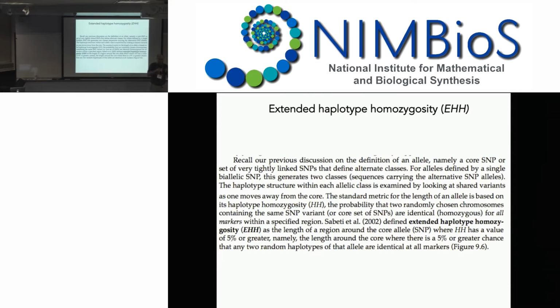I have a set of haplotypes, and I simply expand out, and I'll see how far along I have to go before they start disagreeing. And we can use that measure as the extended haplotype homozygosity. And usually what people do is they extend out until there's a 5% or greater chance that two random haplotypes are identical in all markers.